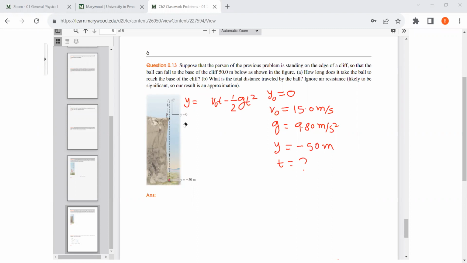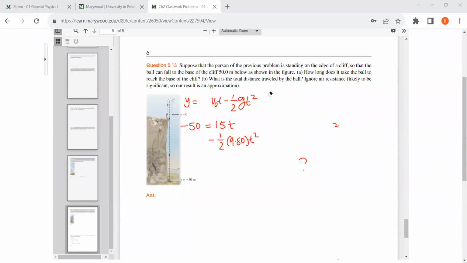If we plug in, we get minus 50 here, and v0 t, where v0 is 15, t is just t, and minus half 9.80 t square. So if you plug in these values, the equation becomes this. Now let me erase this because I need more space.